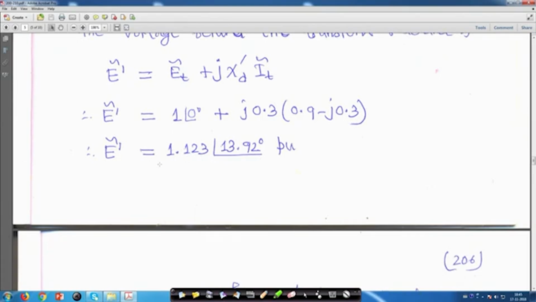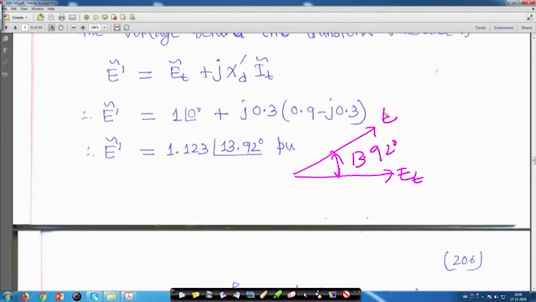Now, if you draw the phasor diagram, I am making it here, say this is E t, which we have taken as reference. Now, E dash actually has a positive leading angle, say 13.92 degree.